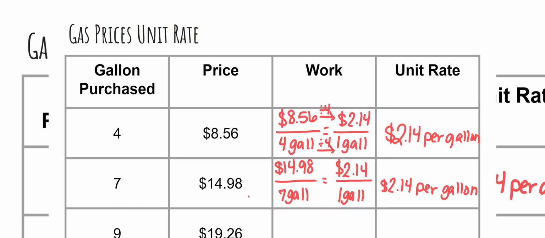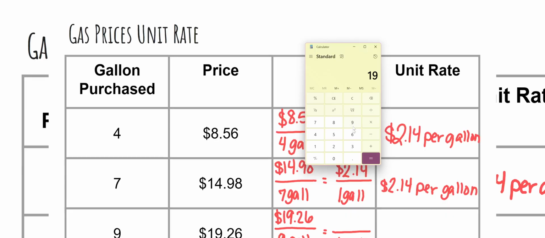Okay. All right. Now our final one we have is $19.26 for 9 gallons of gas. Now, again, I want to get it down to 1 gallon. And to do that, I'm going to divide.